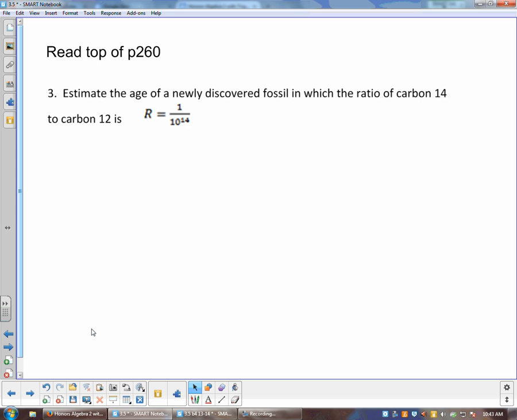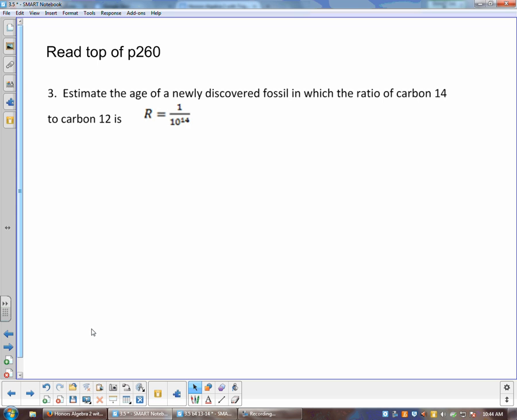When organic material dies, its carbon-12 content remains fixed, whereas its radioactive carbon-14 begins to decay with a half-life of about 5,700 years. To estimate the age of dead organic material, scientists use the following formula, which denotes the ratio of carbon-14 to carbon-12 present at any time t in years. The formula is R equals 1 over 10 to the 12th, e to the negative t over 8,223. That's the carbon dating model.